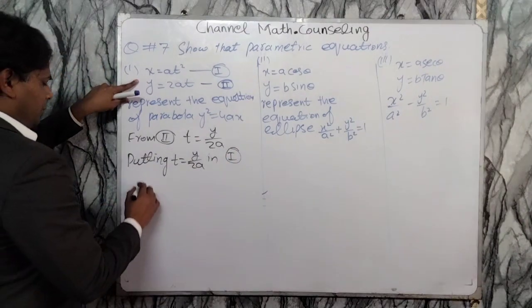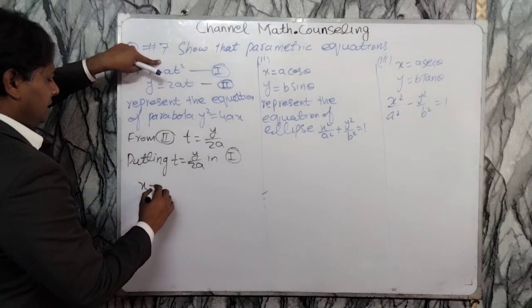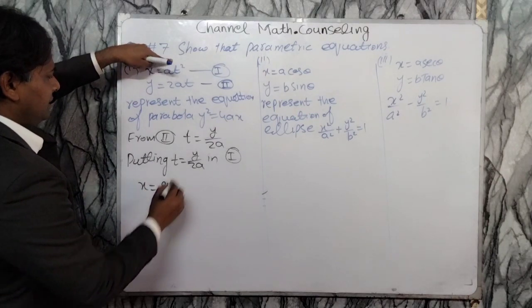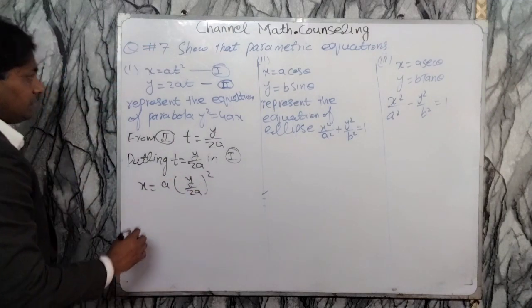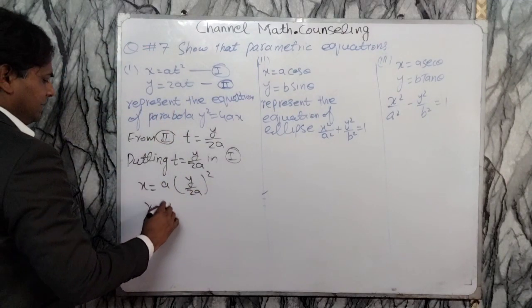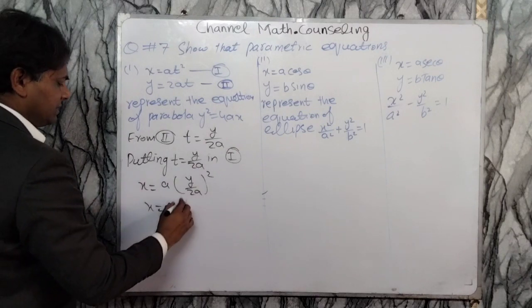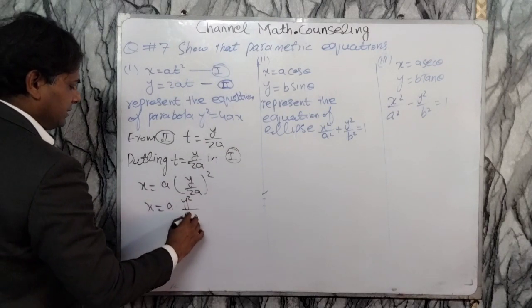Now here in place of t, x is equal to a times y over 2a whole square, x is equal to a into y square over 4a square.